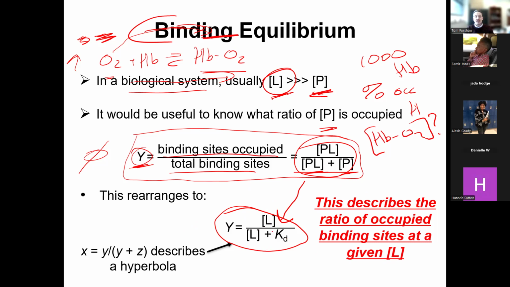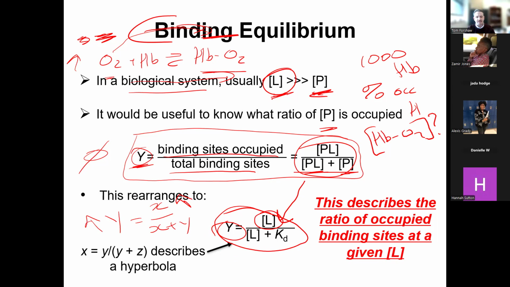And that will tell you the occupancy of the protein at different concentrations of L. If you have Y equals, let's just say, x divided by x plus y, as you increase x, then it's going to increase Y. That's all we're really saying.